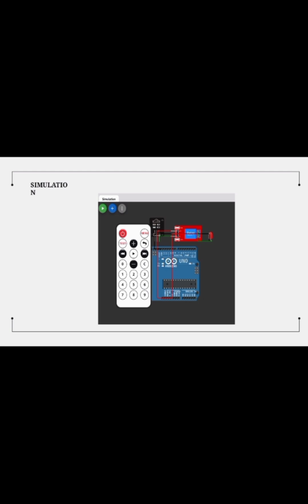We first simulated this in the Wokwi online simulation tool. If we press the on button in the remote, the IR relay will turn on. If the power supply is on, then the router will also turn on.